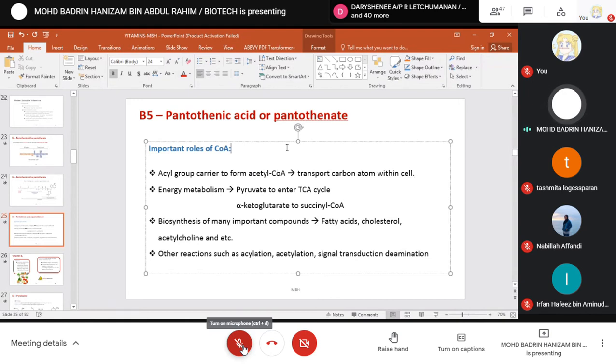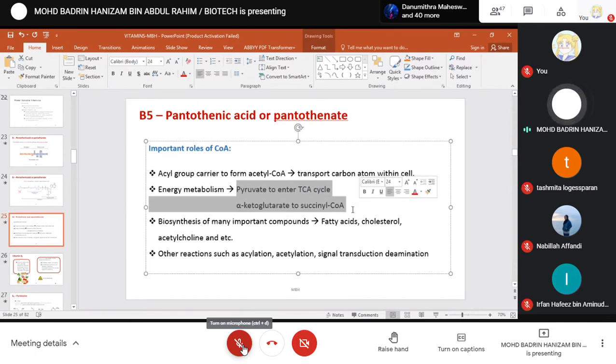So, during carbohydrate metabolism again, how the CoA is transported from one molecule to another. In energy metabolism, pyruvate to enter the TCA cycle, and alpha ketoglutarate to succinyl CoA. Without this, it will not exist.